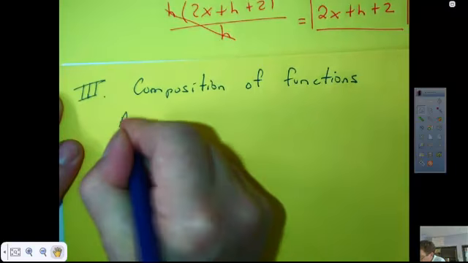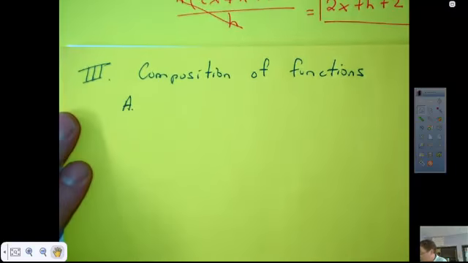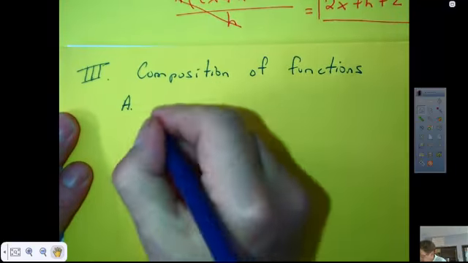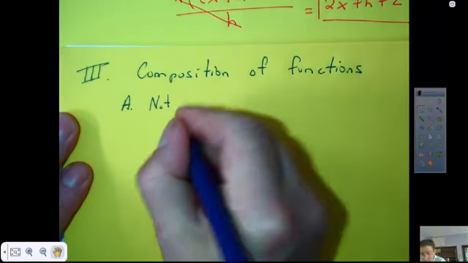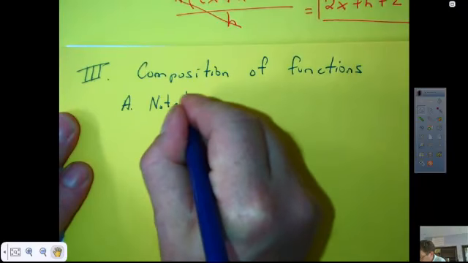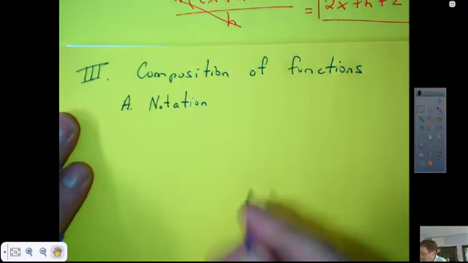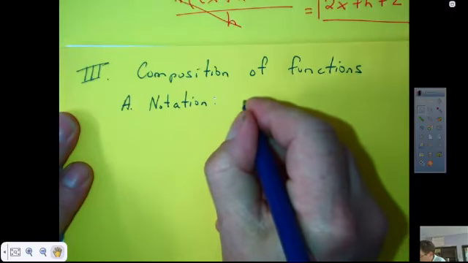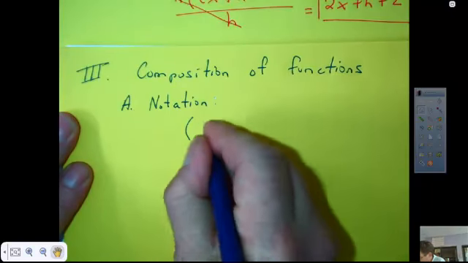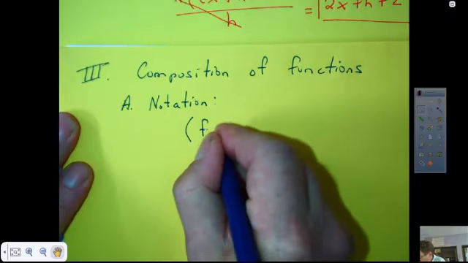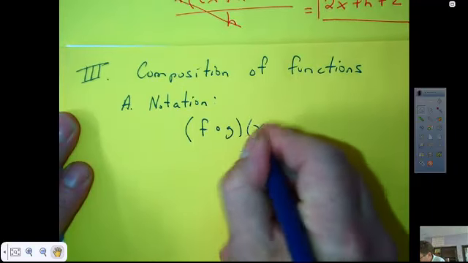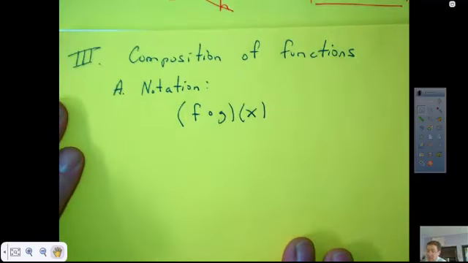So first off, the notation is probably the same as you've been somewhat familiar with. This book uses an open circle, so f composed of g of x is kind of the standard notation for that.